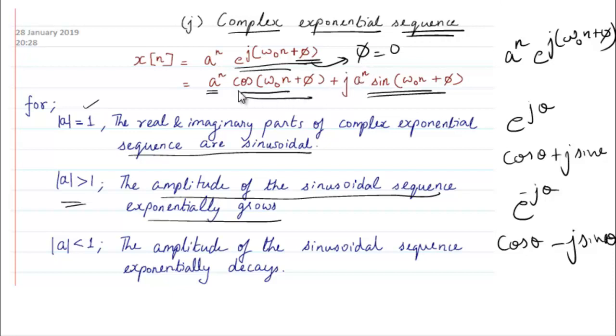Now from this, one more thing you have to understand, which is going to be used extensively later. There is a cos component here, which is the real part of x of n, and a sine component which can be found by taking the imaginary part of x of n.